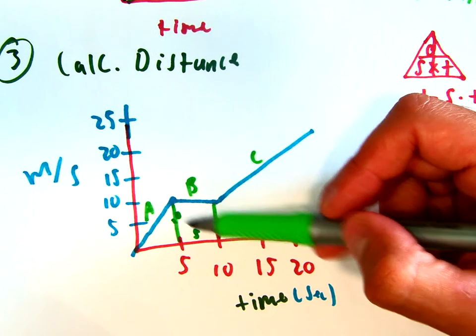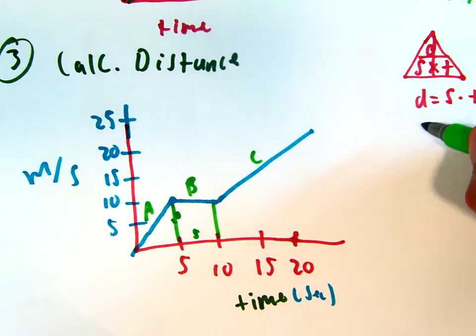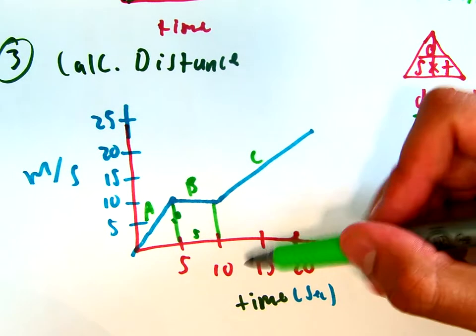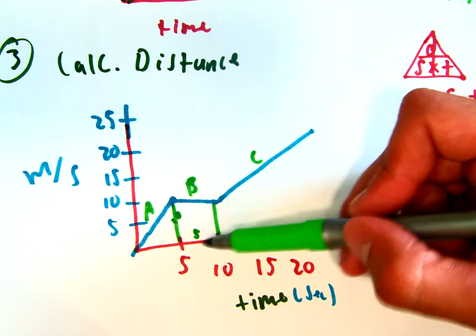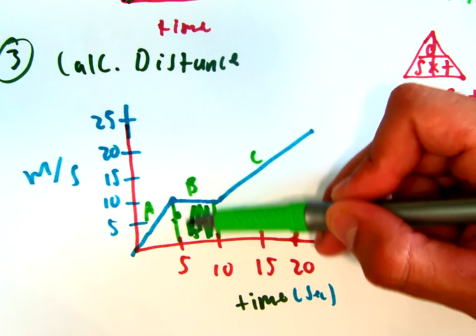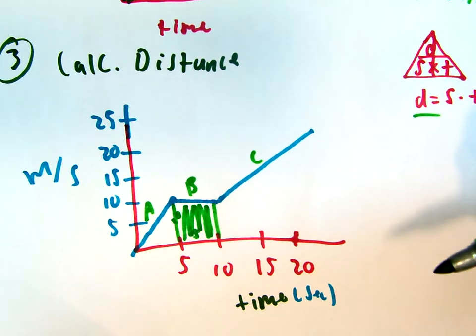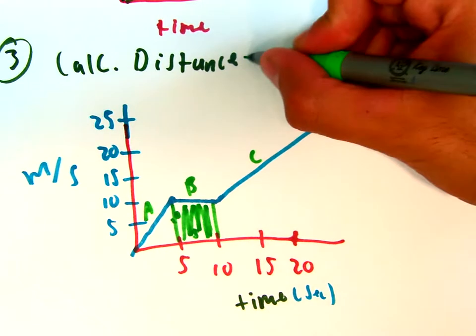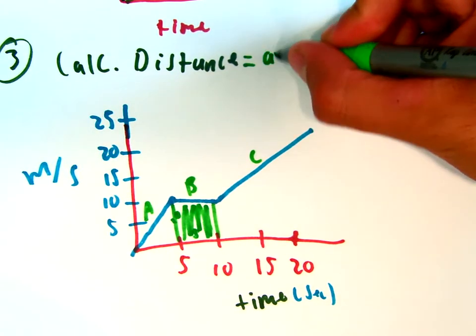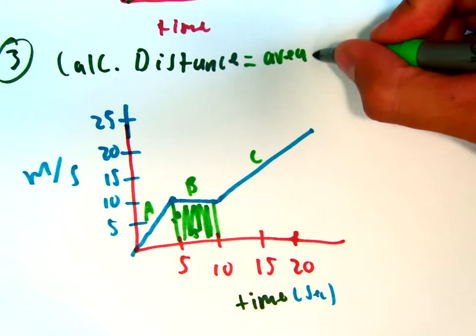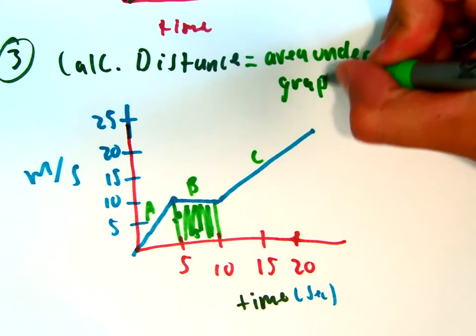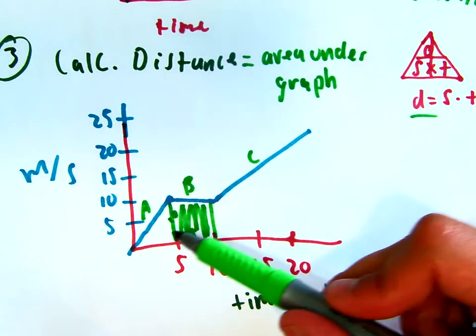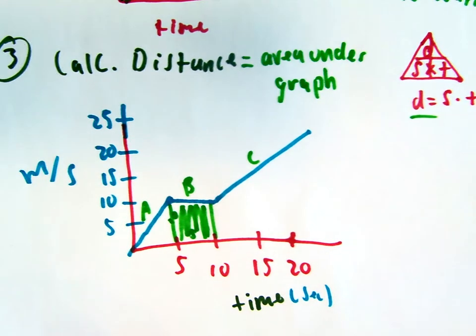So if I just multiply these, that would give me my distance, right? But what is that, this times this? Well, that's a shape. If I multiply these, that's going to give me my area. Okay? So in other words, my distance just equals the area under the graph. Okay? So if this confused you, all you really have to remember is that distance equals area under the graph.